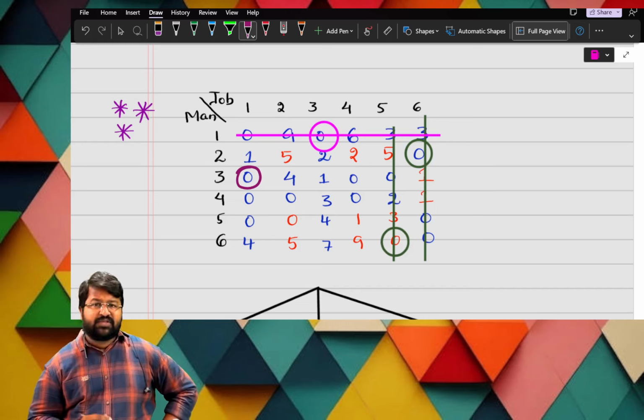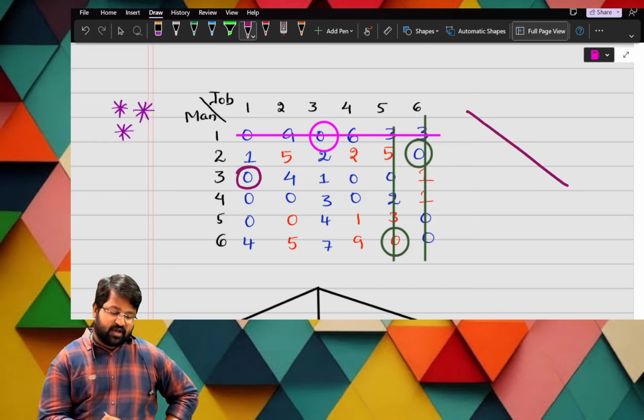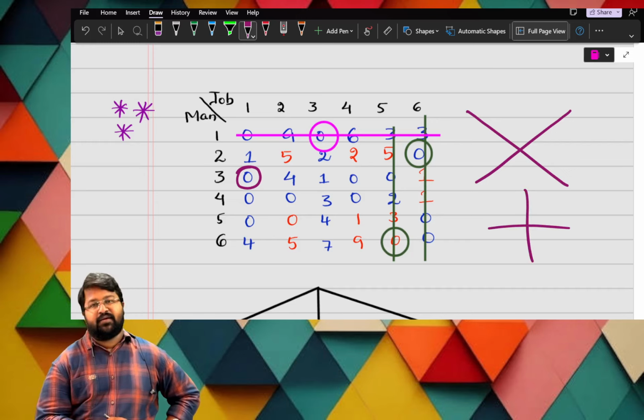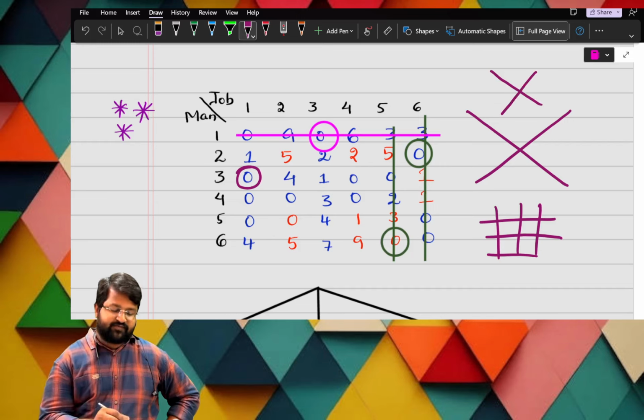What are the zeros diagonally opposite? Diagonals will come in this way or in this way, but they will never come in straight lines. They will come in this format.